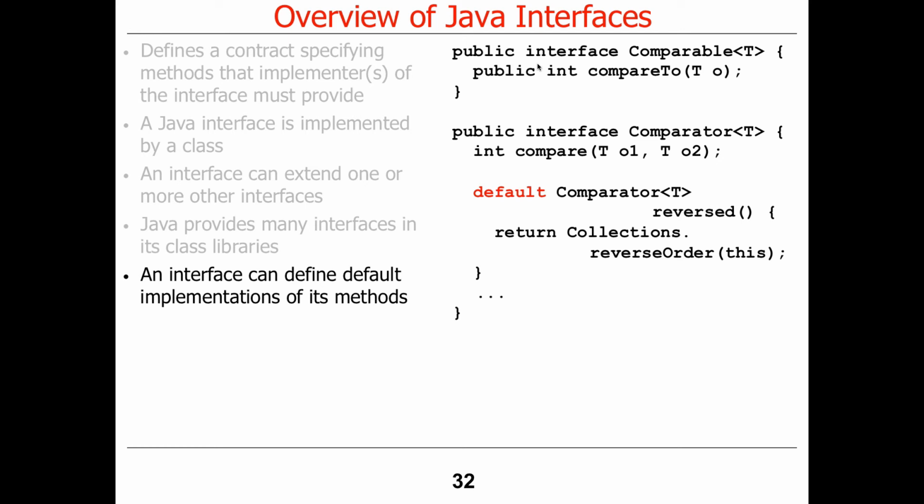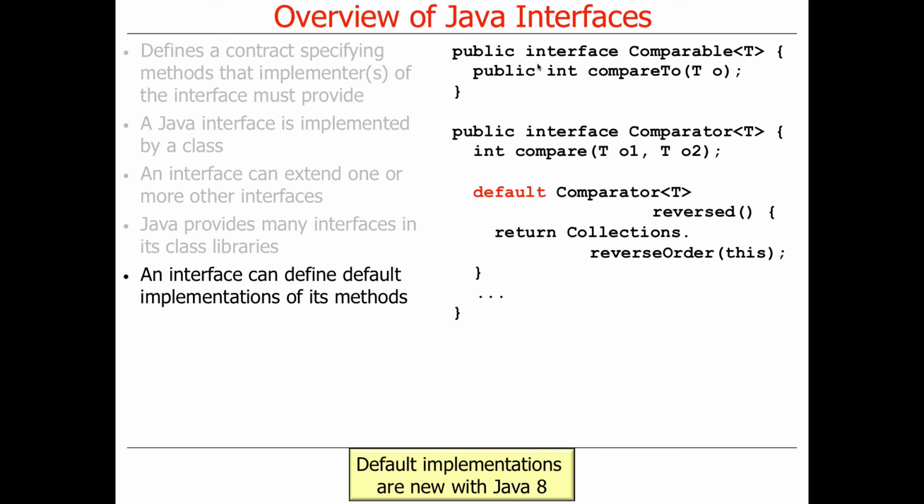Now, an interesting thing that is true with Java 8 and beyond is they have this concept of default implementations. Here's a simple example where Comparator, in addition to forcing you to define a compare method, also gives you some default implementations. For example, reversed is a default method, and it simply goes ahead and reverses the order in which the comparisons are taking place, and so on.